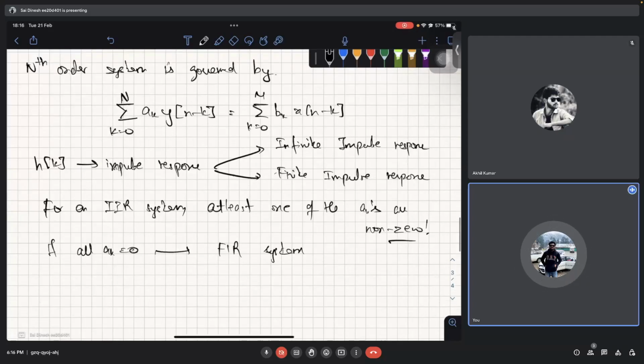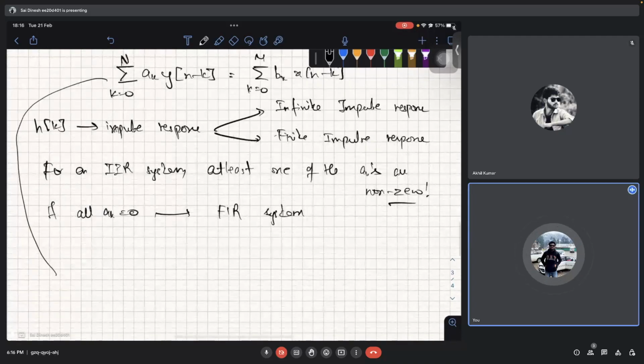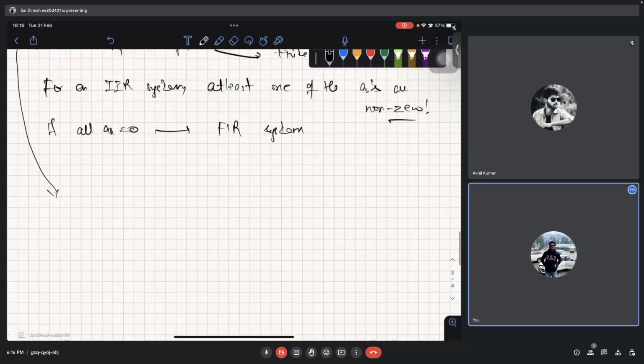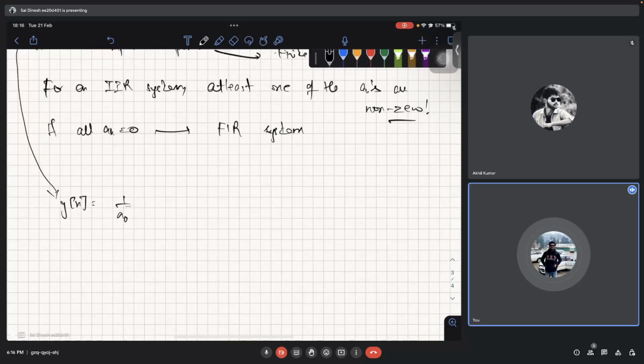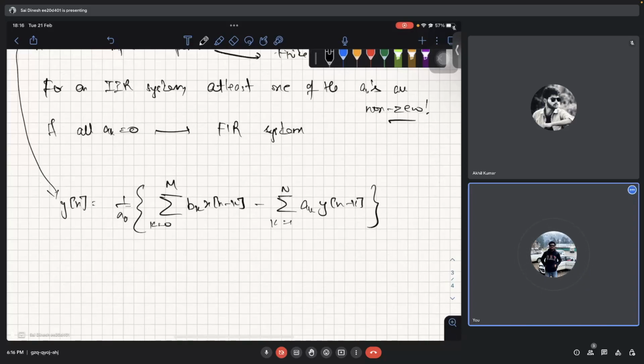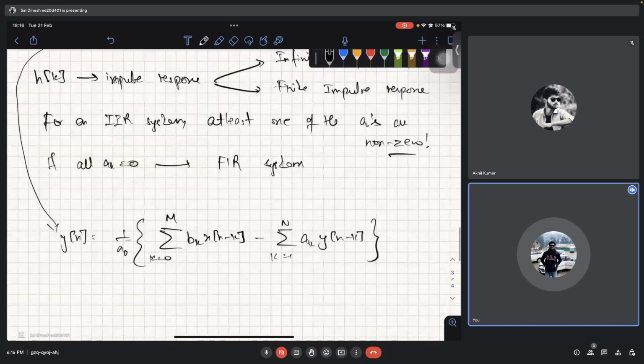If we see, this actually can be written as y of n is equal to 1 by a naught, the sum over k equal to 0 to m of bk x of n minus k minus the sum over k equal to 1 to n of ak y of n minus k. This is in the form of the nth order system.